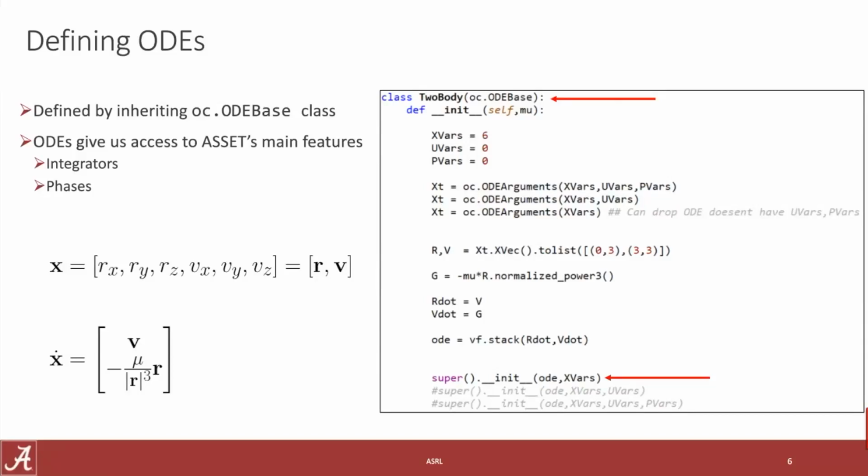So this would then be ODE args of 6 and 3 if we had 3 control variables, which would make this size 10. The first 6 indices would be states, the 7th, index 6, would be time that gets appended in, and then the last 3 would be control. We're going to get some more exposure to that.